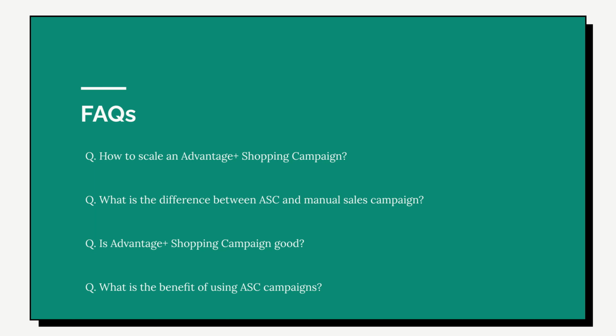Whereas with ASC, all you have to do is give the creatives and give the data and leave the algorithm to optimize and find the right audience to get converted. So that basically brings in more purchases and more conversions by just giving good data and very good ad creatives.